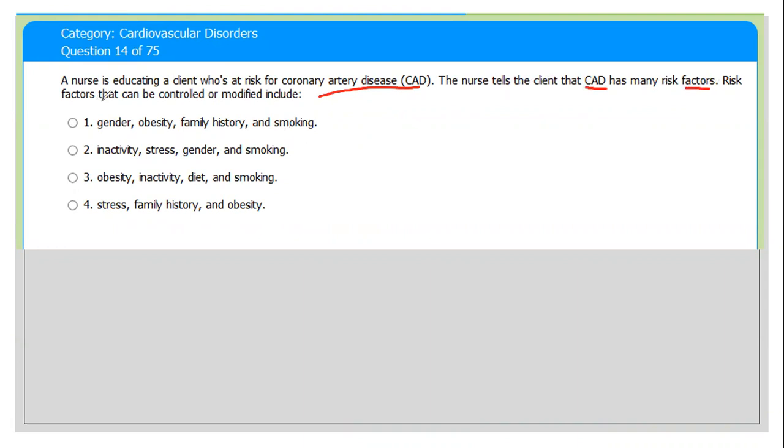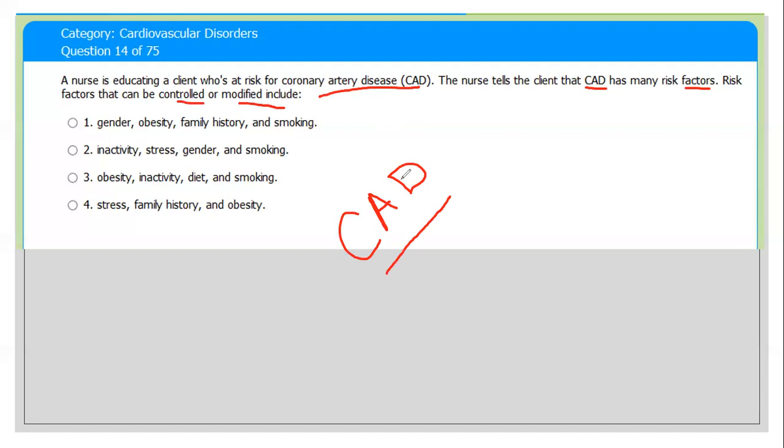The risk factors that can be controlled or modified include. So in case of CAD, we have two types of risk factors. Some risk factors are possible to modify, some risk factors are not possible to modify, which means you cannot change them. First of all, let me tell you what CAD is.